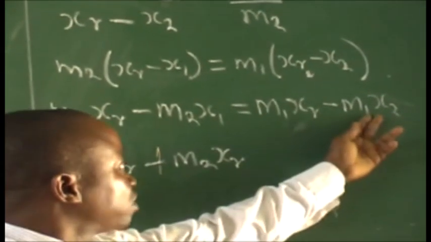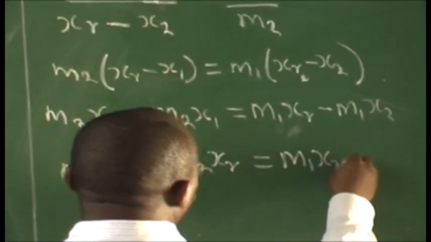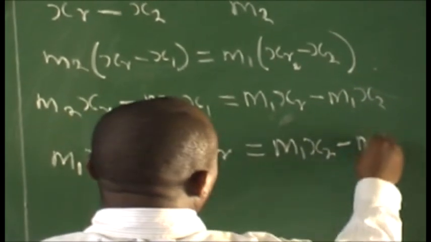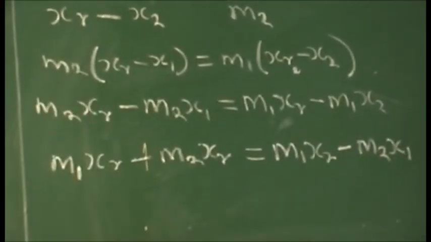So I'm bringing this one now to here, so that I will have M1 X2 minus M2 X1, like that.